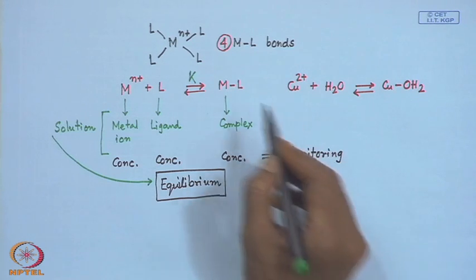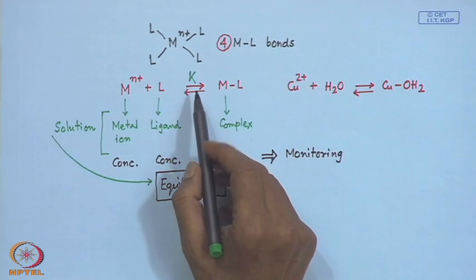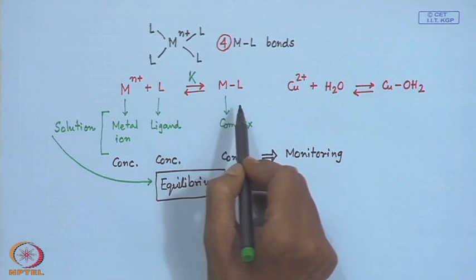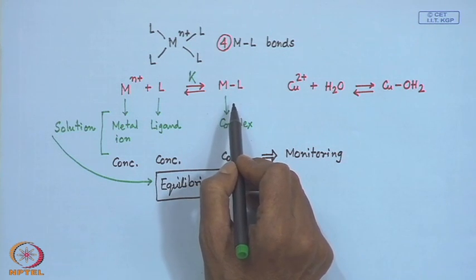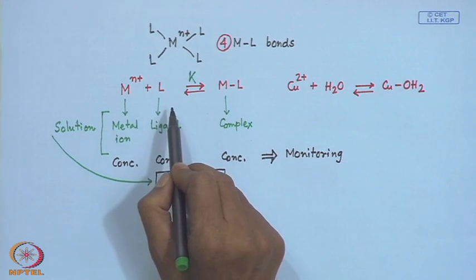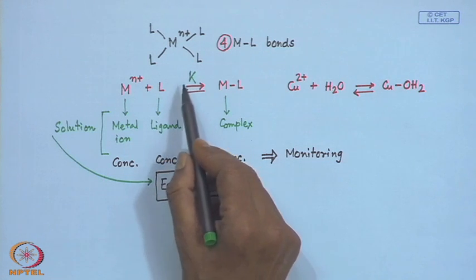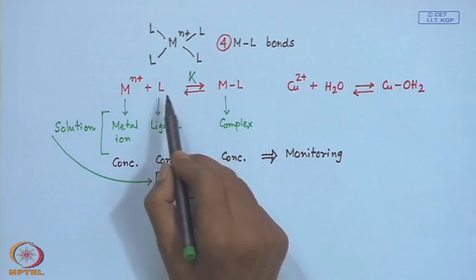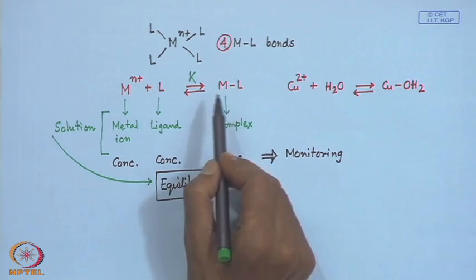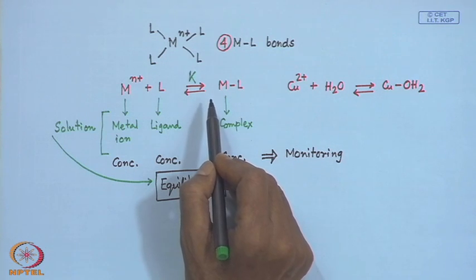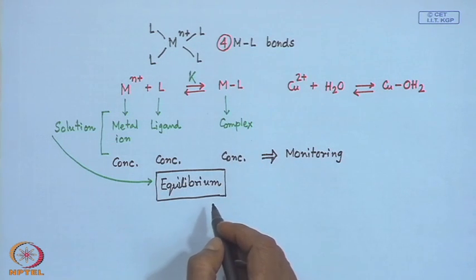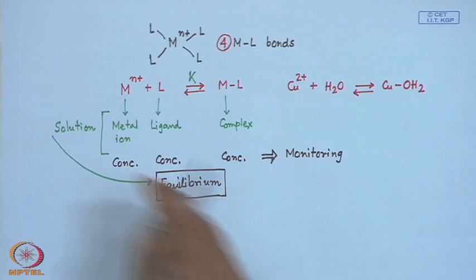That means the equilibrium constant, which can tell us how quickly the metal complex will form from the individual components. That equilibrium constant for the forward reaction we can measure, and the constant can be monitored for the different stages of the equilibrium.